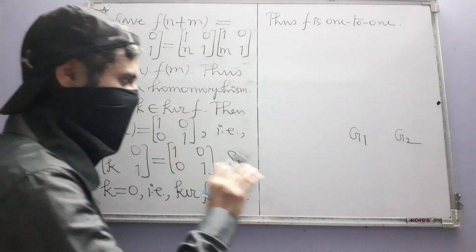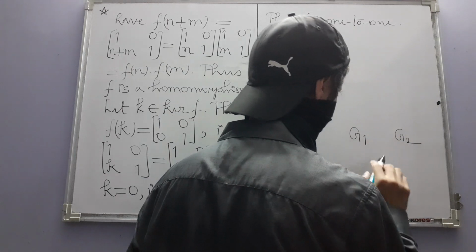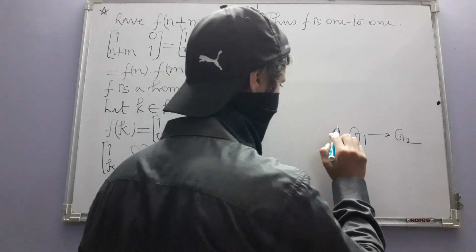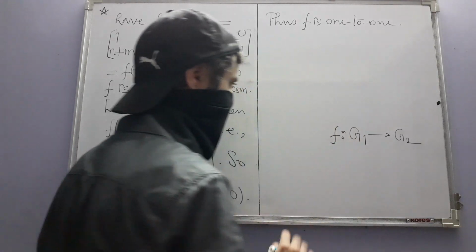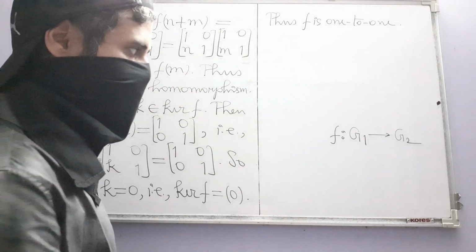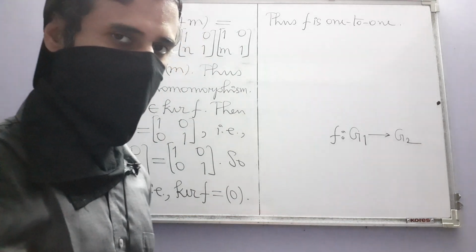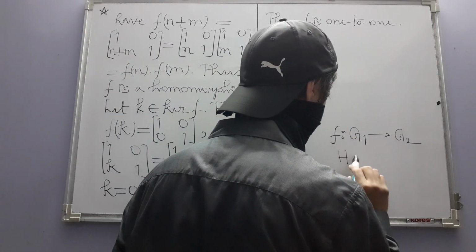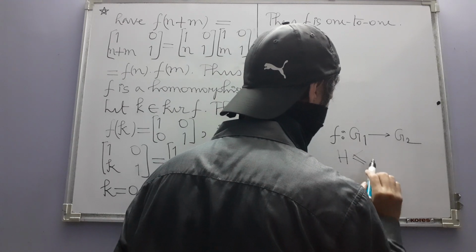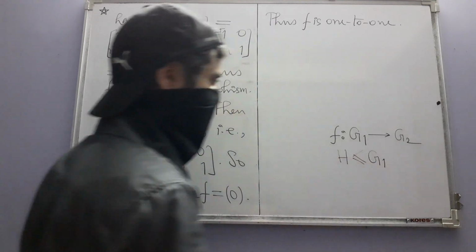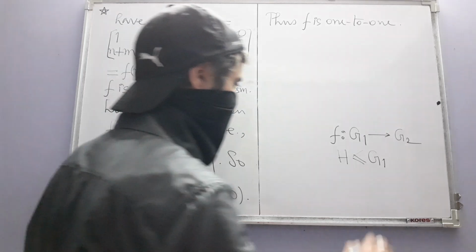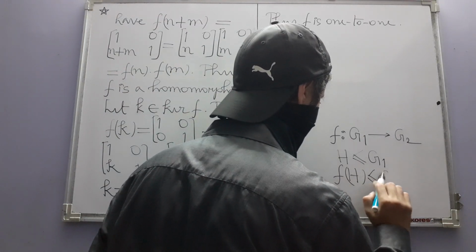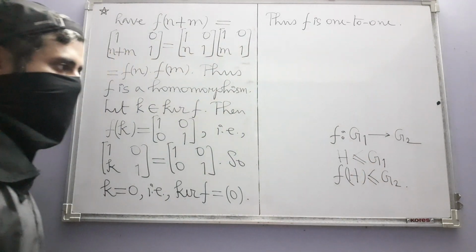One among those parts is that if you have a homomorphism f between two groups G1 and G2, and suppose that H is a subgroup of G1, then f of H must be a subgroup of G2.